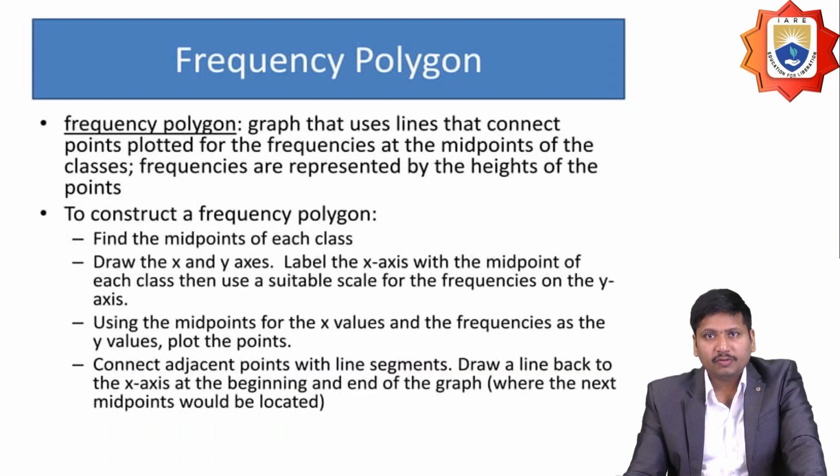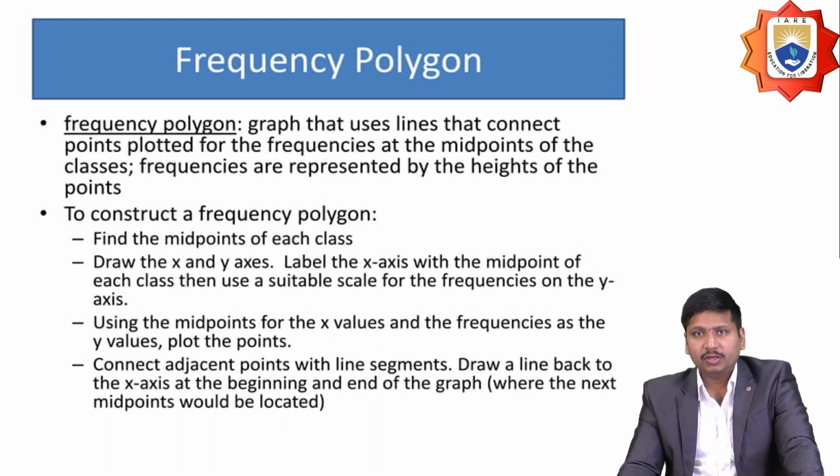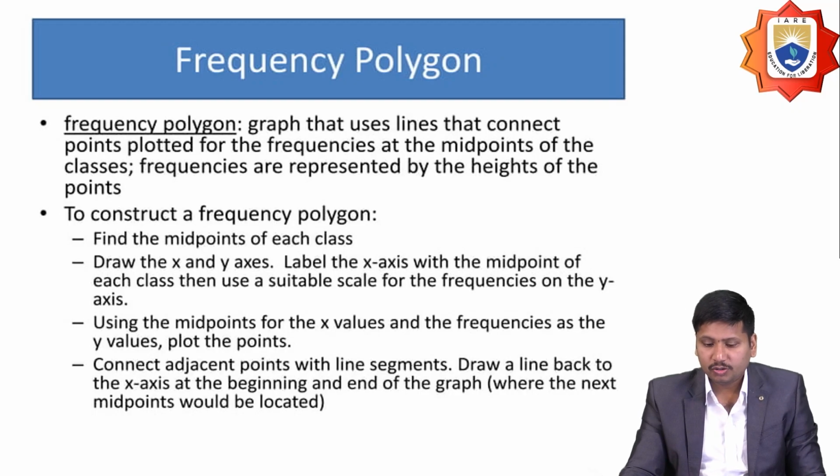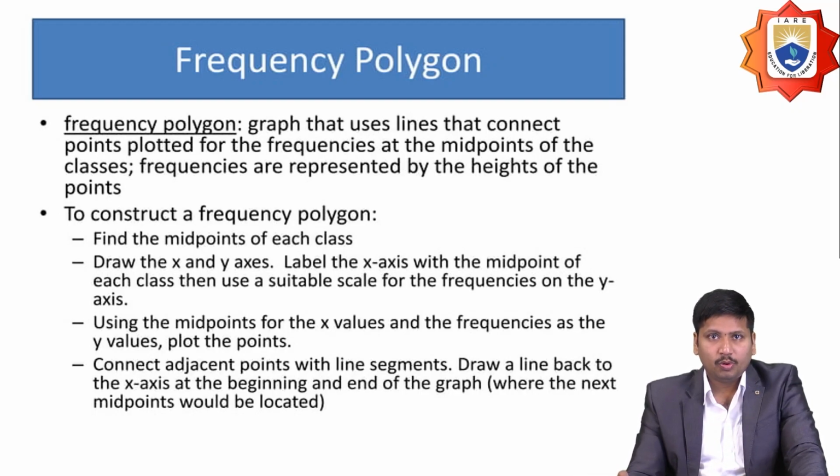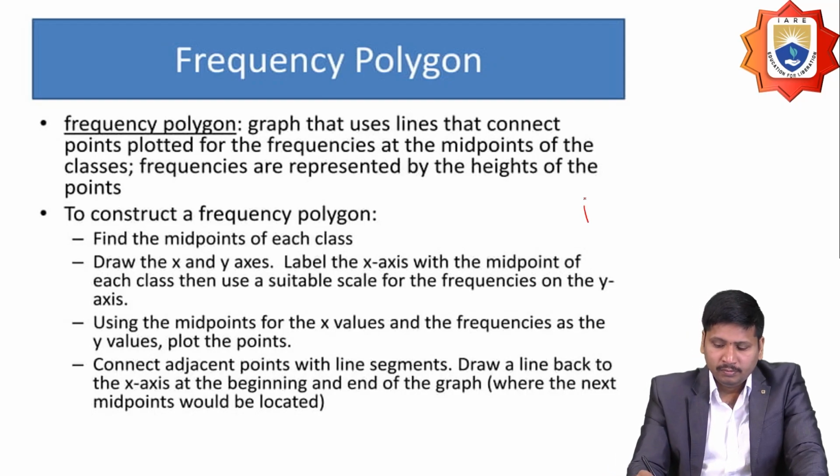And the next one is the frequency polygon. A frequency polygon is another kind of graph that uses lines to connect the points plotted for the frequencies at the midpoints of the classes. Normally the frequencies are represented by the height of the points here. So the histogram is the first thing to construct.